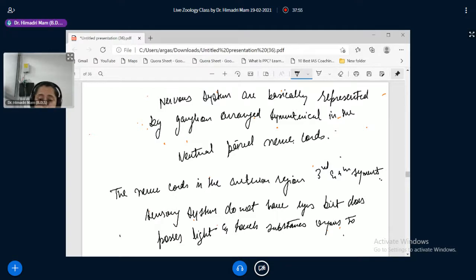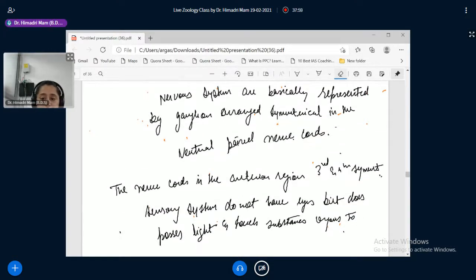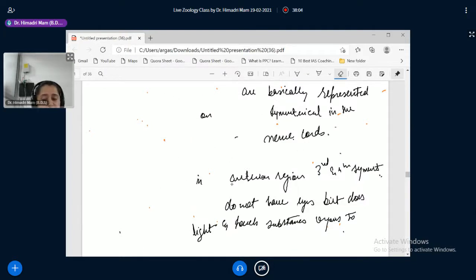Okay, now the earthworm is a hermaphrodite. What is hermaphrodite? That means they are monoecious. That means the female and the male reproductive system is in the same individual. Right?